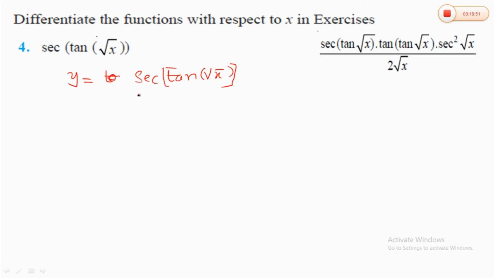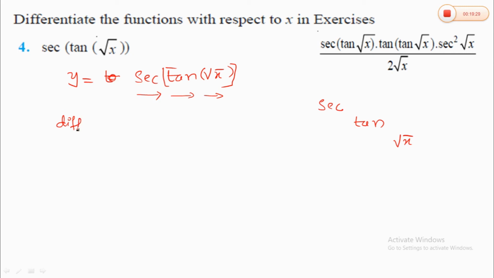So first we have to find the derivative of sec, then the derivative of tan, then the derivative of root x. In this manner, the derivative of sec is sec x tan x, the derivative of tan is sec square, and the derivative of root x is 1 upon 2 root x. Write all these things in a similar manner: first sec, then tan, then root x.